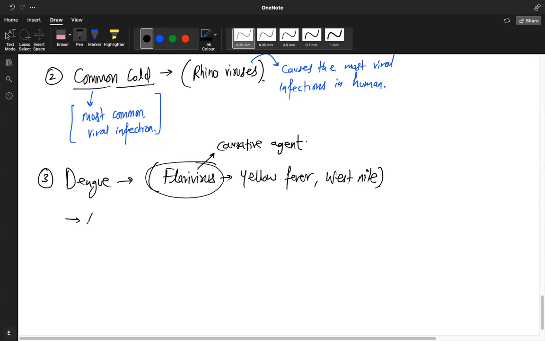But Aedes mosquito, and specifically the females, not the males, are vectors that carry the virus to the human system, or that transports the virus to the human system. Okay.